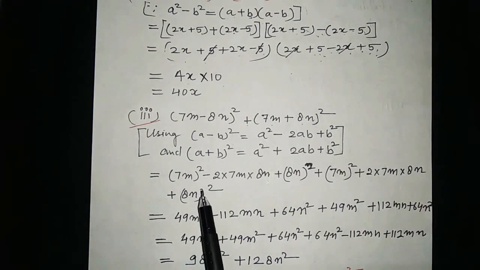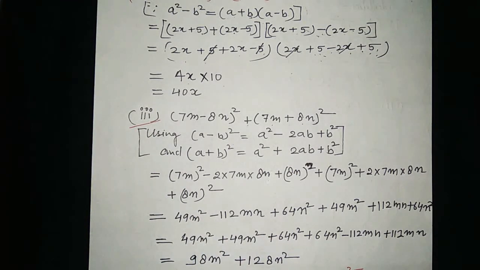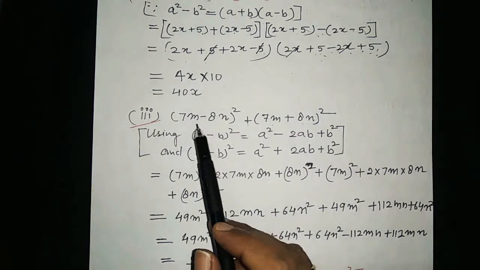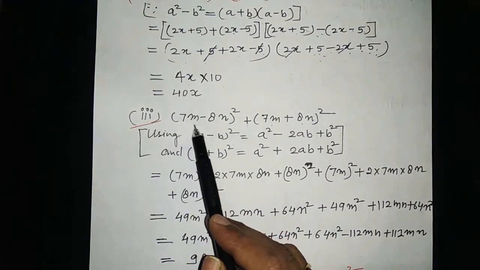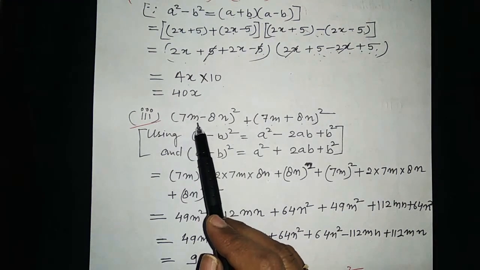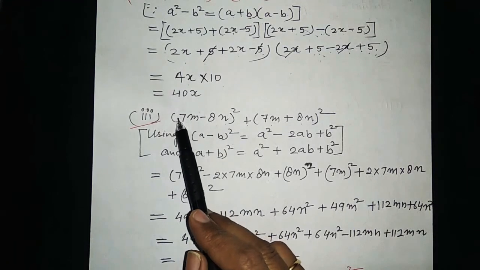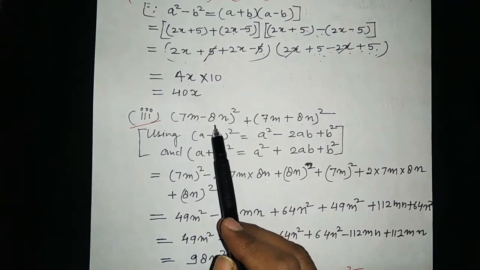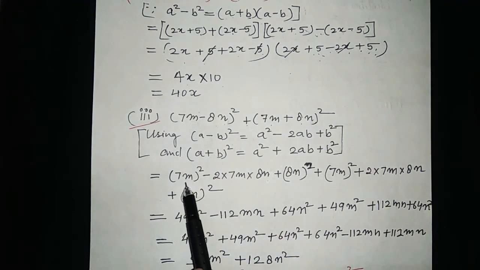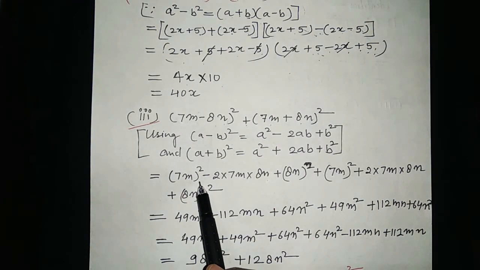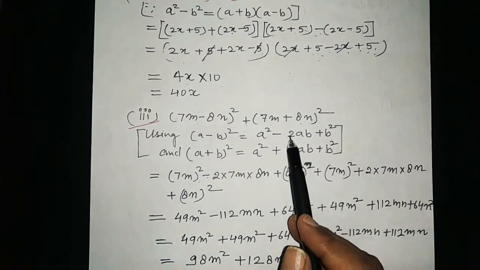Now we will use both these identities for the given question. Here first we will use (a - b) whole square for (7m - 8n) whole square. Here what is a? A is 7m. What is b? B is 8n. So here a square means what? We will write here (7m) whole square. Minus 2ab.